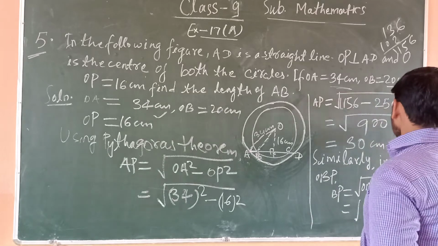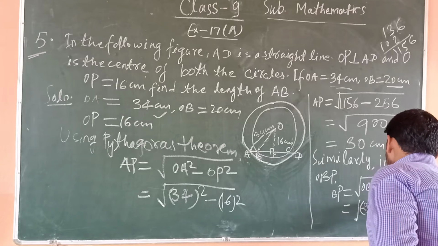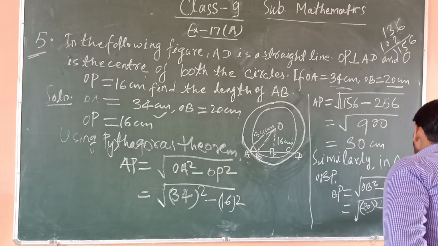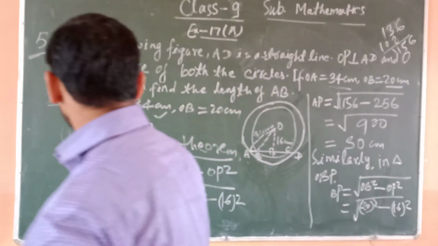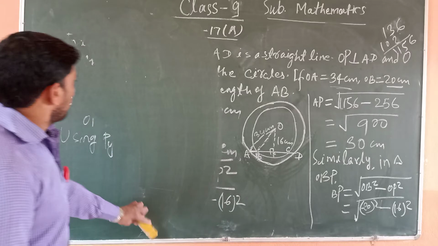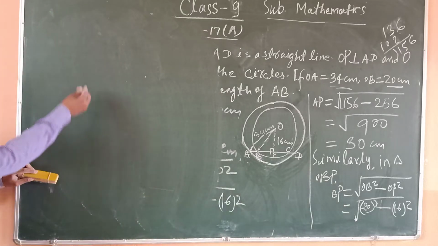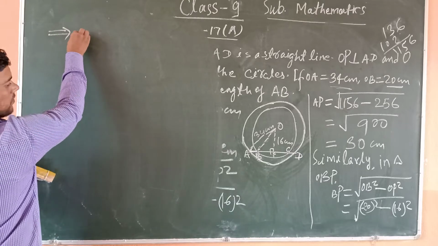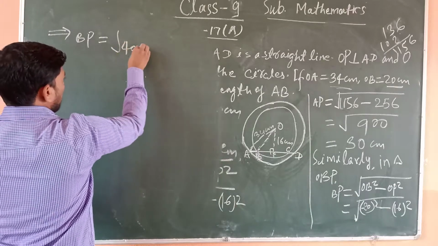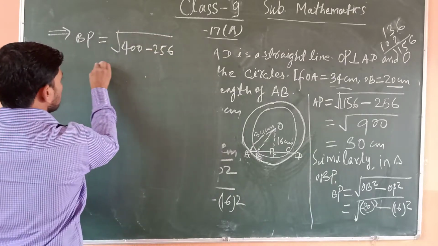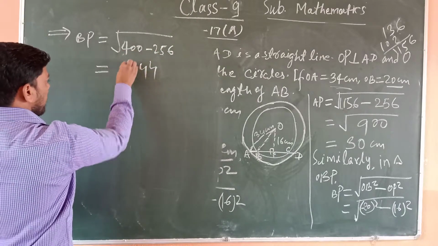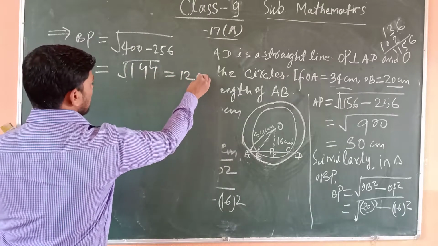OB is 20, so 20 square minus OP is 16 square, which implies that BP is equal to under root 400 minus 256, then 144, it is 12. BP is 12.